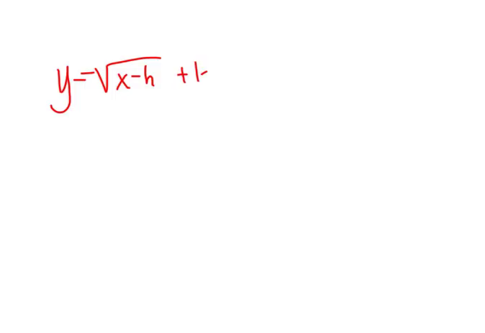If I have a plus k, I'm moving the vertex up k units, however many units that is. If I have a minus k, that's moving it down k units, whatever that might be.